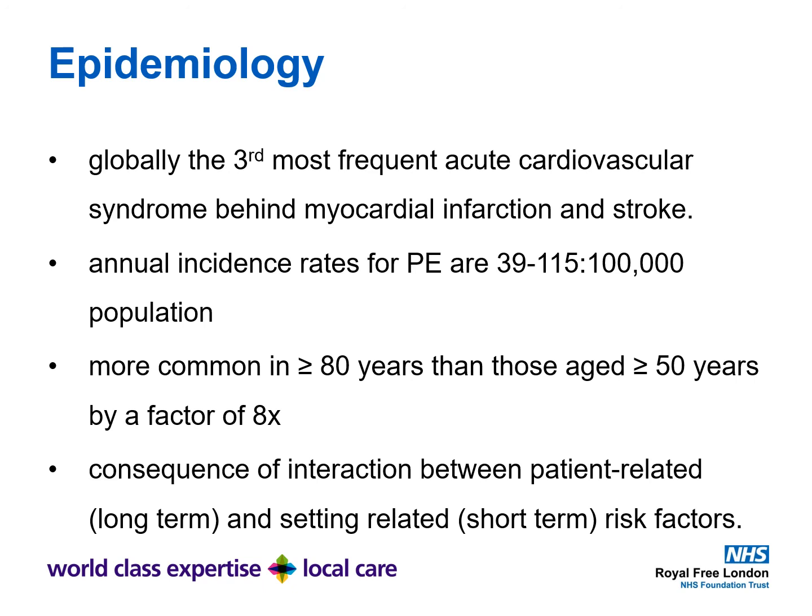What's important to know is that it is more common in those who are aged 80 years and above than those aged 50 and above by a factor of 8. What we think is that the development of pulmonary embolism is a consequence of interaction between patient-related or long-term factors and setting-related, which are more short-term. And we'll come on to those in a few slides' time.